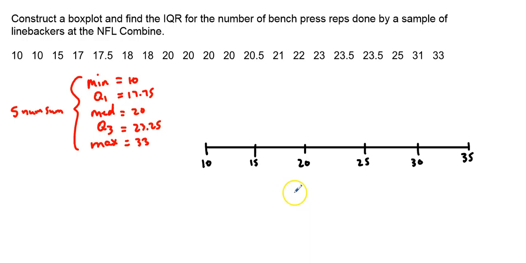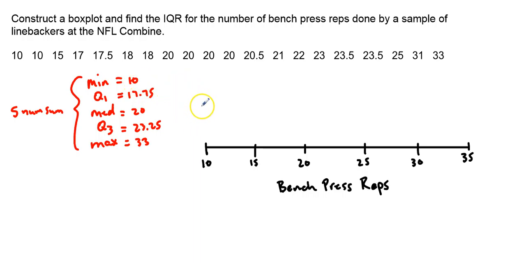So again, I want you guys to start with the scale. This is bench press reps. So we want to put that label on there. And we want our scale to be pretty symmetric and representative. The gaps in between should be representative so that our box plot isn't thrown off.